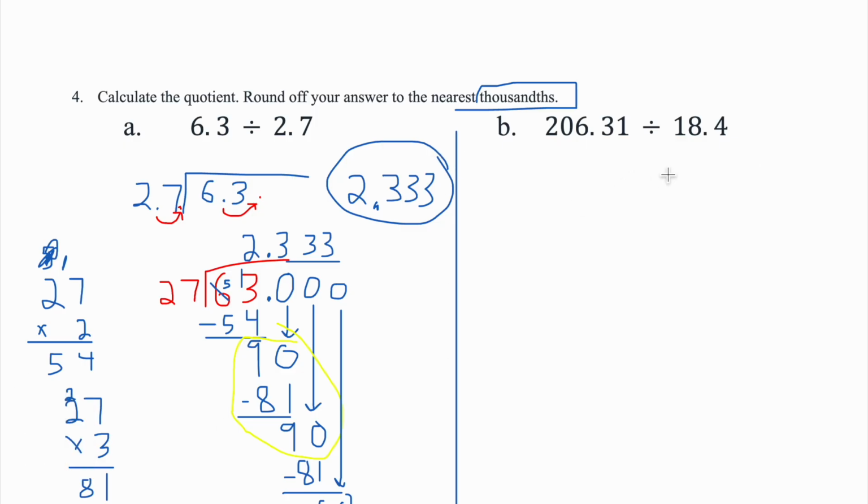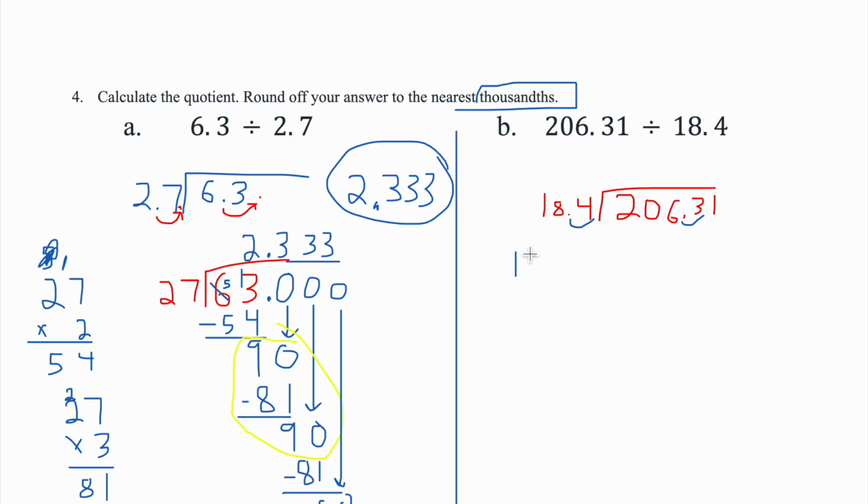All right, let's check out part B. I've got 206.31. That's my dividend that goes in the house. Divided by 18.4. And I want to move that decimal one space over. Okay.